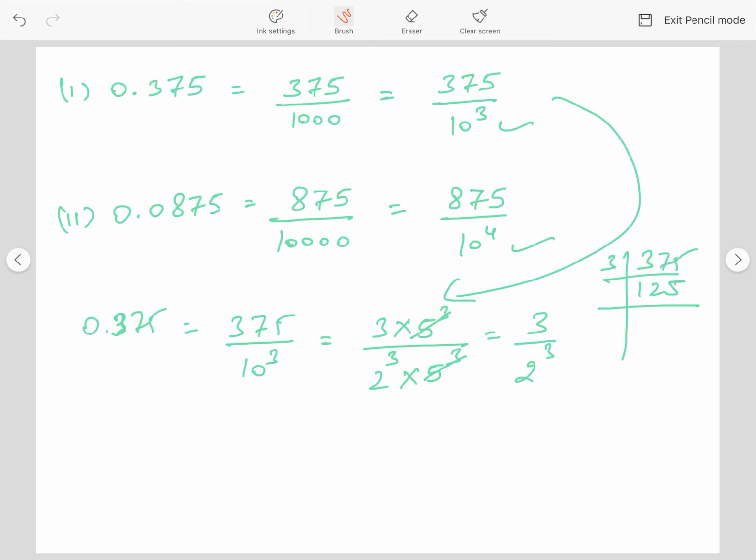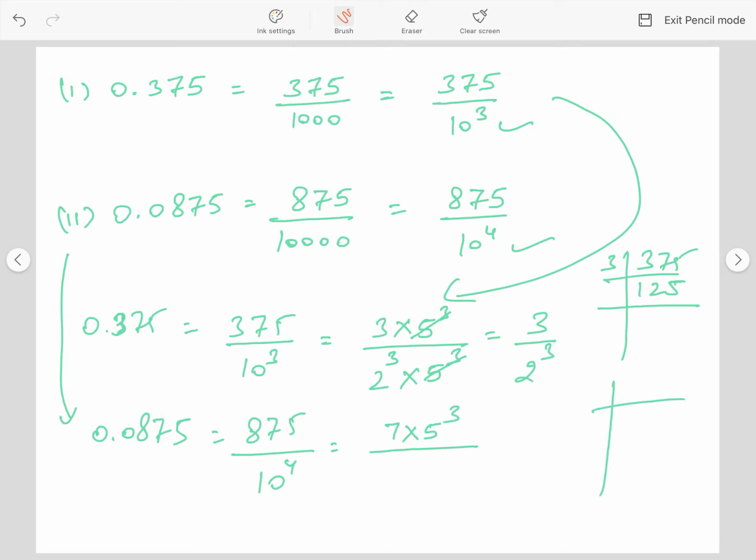Okay, then the other example, that is 0.0875. We can write it as 875 by 10 raised to the power 4, and while writing in the prime factorization form, the numerator can be written as 7 into 5 raised to the power 3.